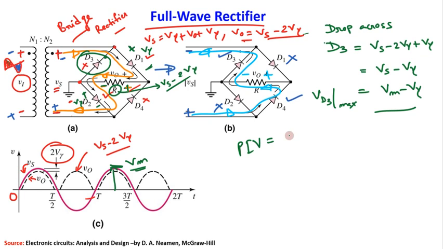So this will be the PIV for this full wave rectifier with bridge, in case of this bridge rectifier configuration, right? Vm minus V gamma.